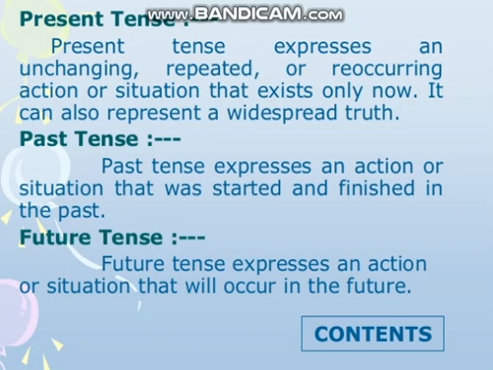Widespread truth sentences mean universal sentences. They are called universal sentences, in which some truths are expressed, and those truths are universally accepted. Why? Because wherever we go in the whole world, those sentences are accepted as fact or reality. Let's suppose an example: if I say the sun rises in the east, this is a universal truth sentence.